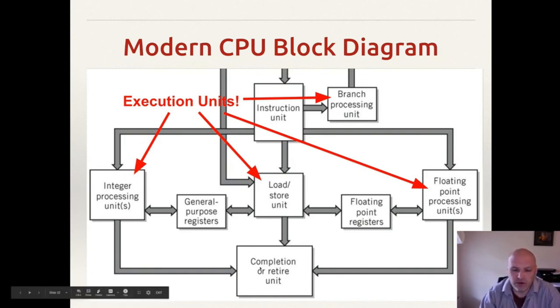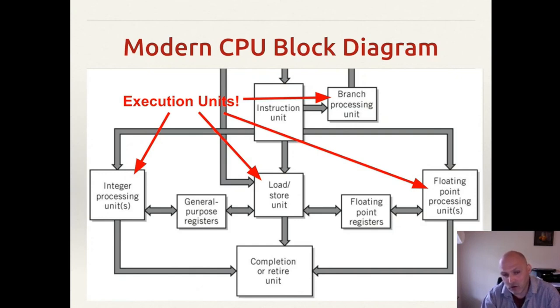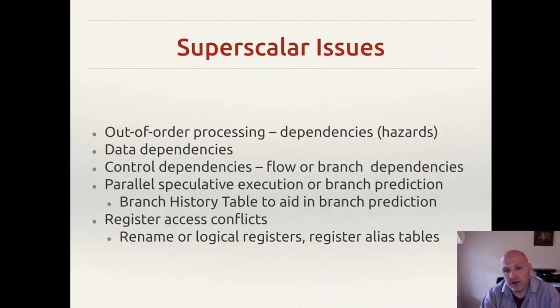So it's very important that we have this very complex circuit logic that ensures we're gluing everything back in the correct order as the CPU outputs the results of its work. Some issues we might run into in the superscalar world are a growth of the issues we talked about in the scalar world when we talked about branching and things of that nature. So one is out of order processing.